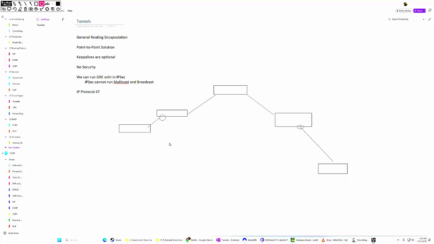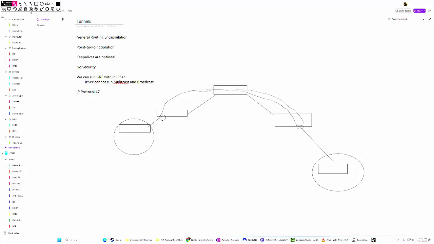And now that tunneling makes the connection of this switch here and this switch here transparent of the other switches from point to point, meaning that the tunneling starts here, okay, and let's do it this way, where I have this tunnel, and we're drawing this like a wormhole, right?